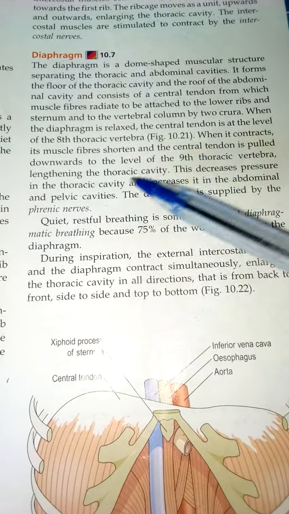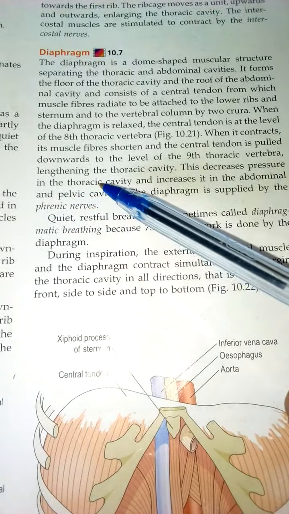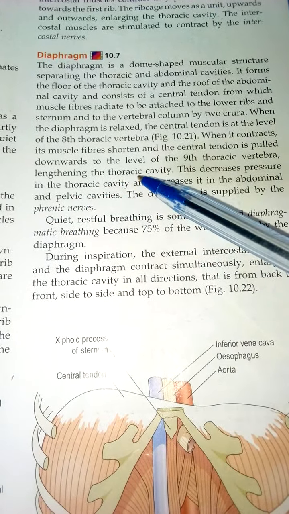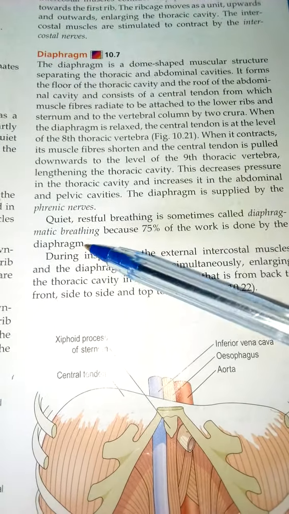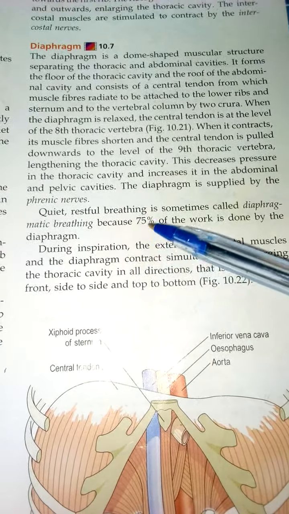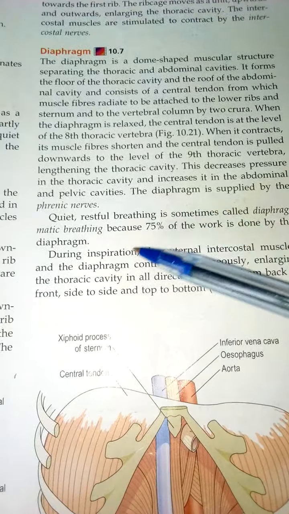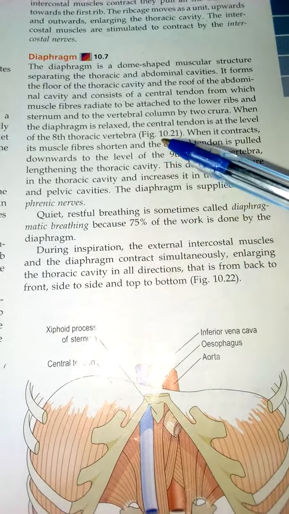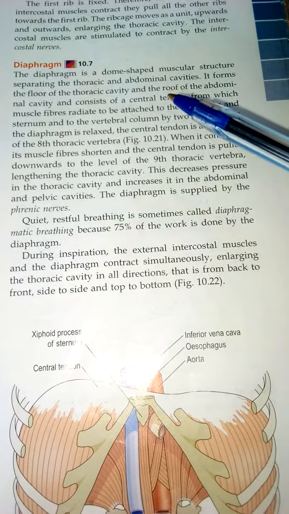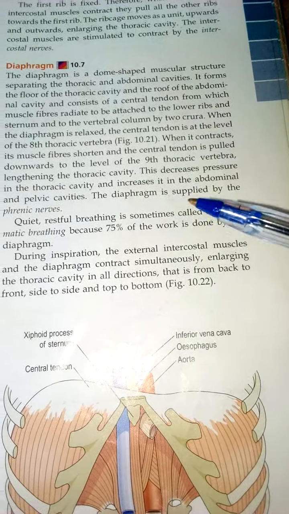When it contracts, its muscle fibers shorten, and the central tendon is pulled downward to the level of the ninth thoracic vertebra, lengthening the thoracic cavity.